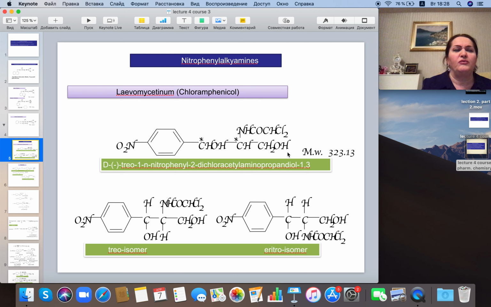When we speak about nitrophenylalkylamines, we must say that antibiotics belong to them, for example levomycin or chloramphenicol. Levomycin is the Latin name, and chloramphenicol is the INN name of this preparation; INN means international non-proprietary name.